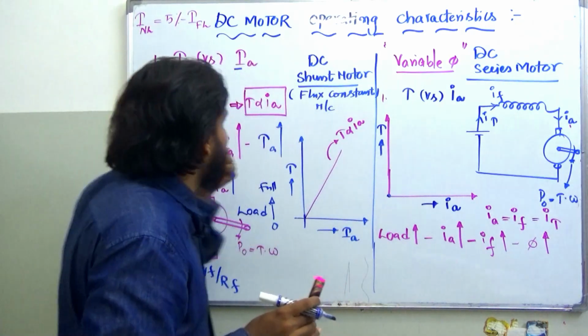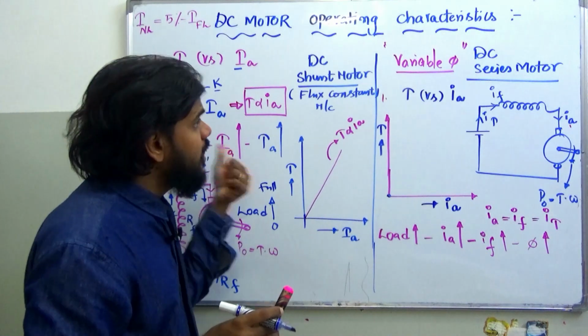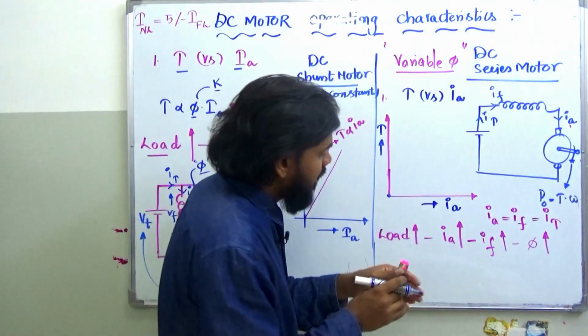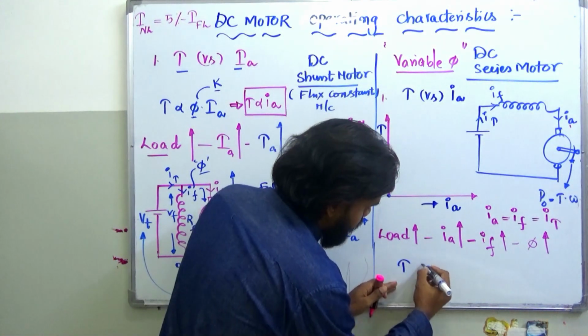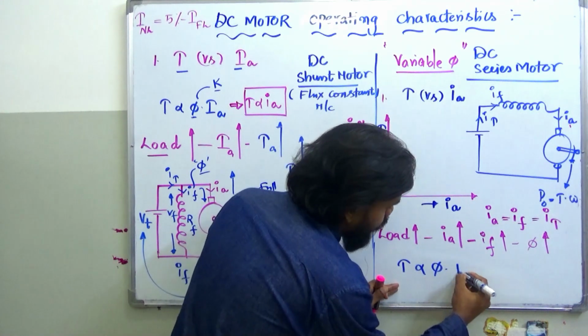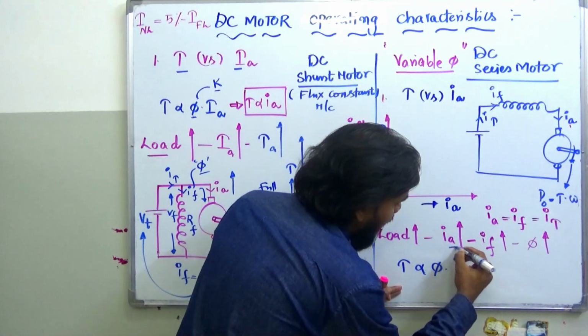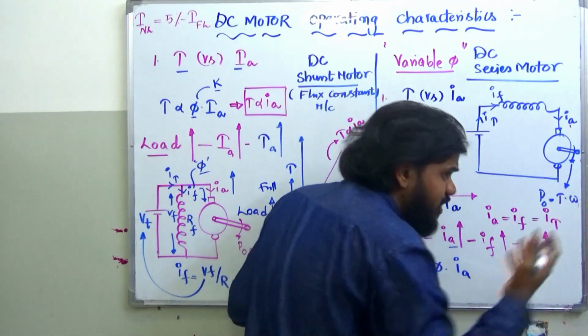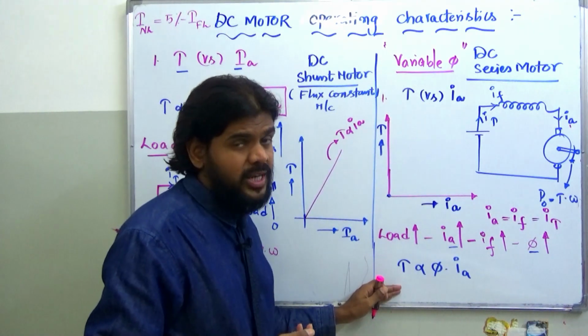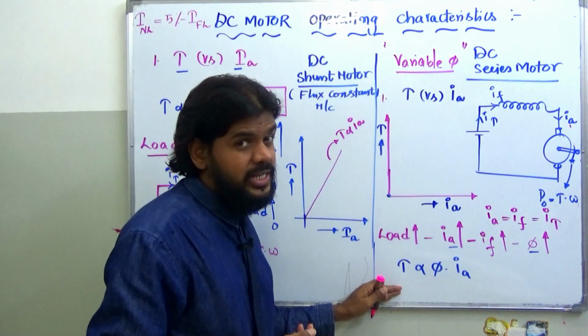So unlike the shunt characteristics, here as the load changes, both Ia and flux are changing.